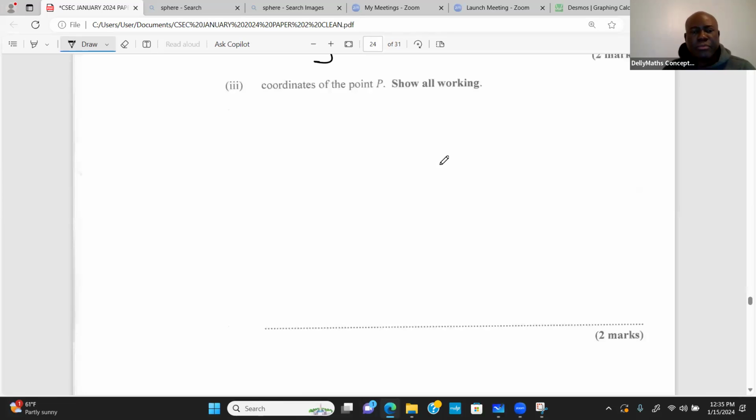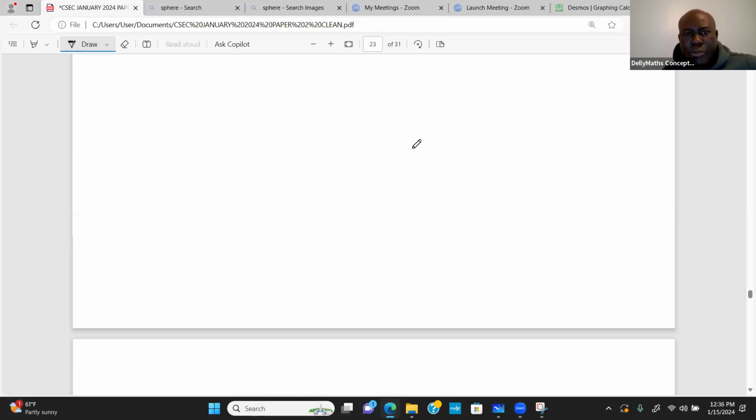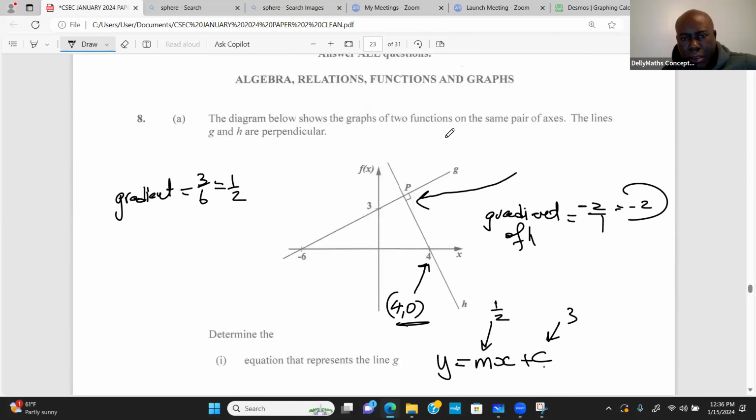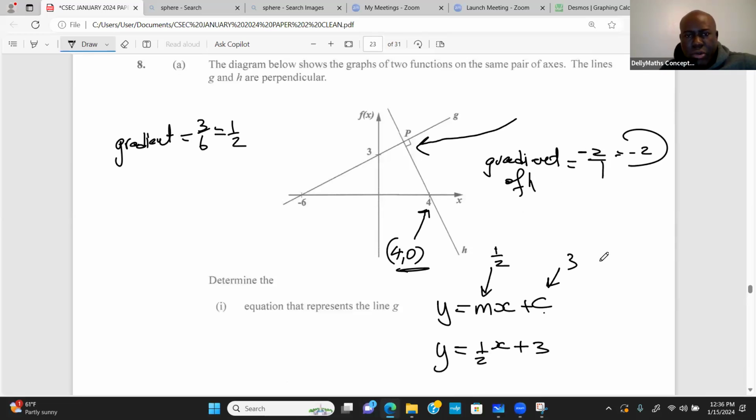All right, so there it is. That's my equation. Now the next one says to find the coordinate of P, showing all working. Where's P? The coordinate of P is simply where the two equations are equal.